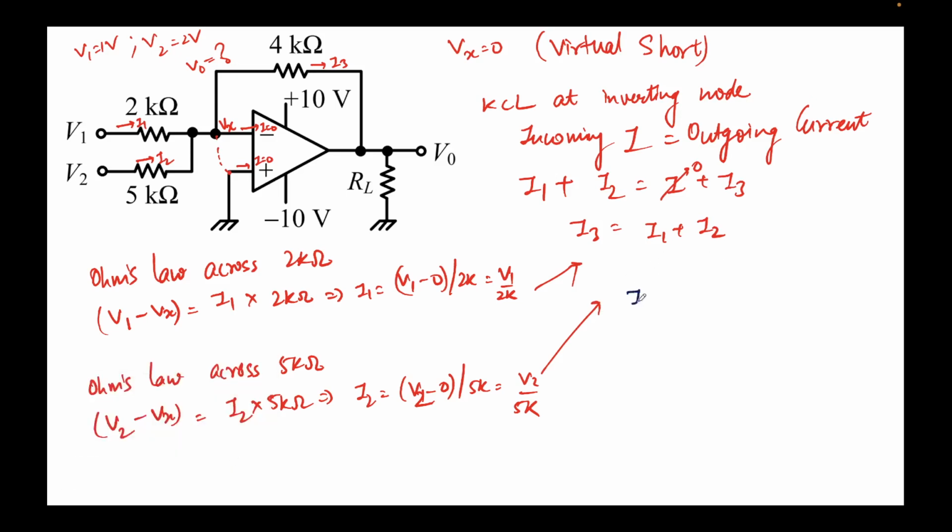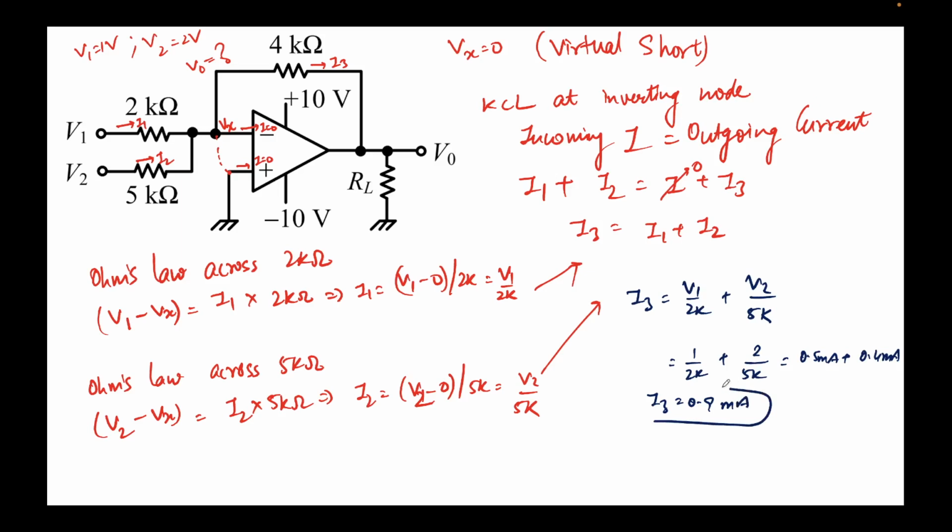So we'll get I3 equal to V1 upon 2k plus V2 upon 5k. Now I can get the value of I3. V1 is given as 1 volt, so 1 upon 2k plus the value of V2 is 2 volts, so 2 upon 5k. That will come out to be 0.5 milliamps plus 0.4 milliamps.